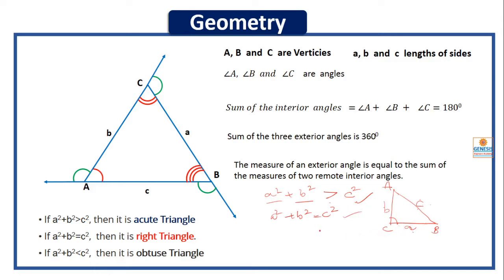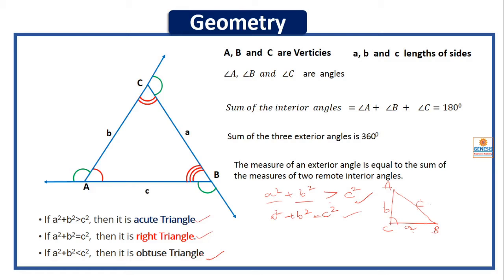So if the sum of the squares of two sides is equal to the square of the other side, then the given triangle is a right angled triangle. If the sum is less than the square of the other side, then we can say it is an obtuse angled triangle. Got my point? So from this idea, we can also prove what type of triangles there are.